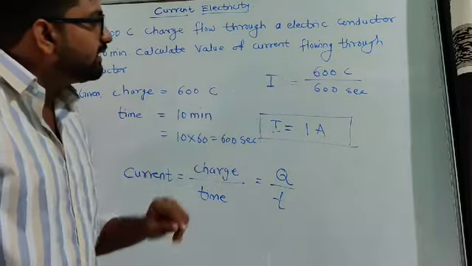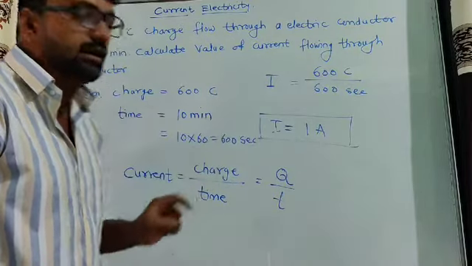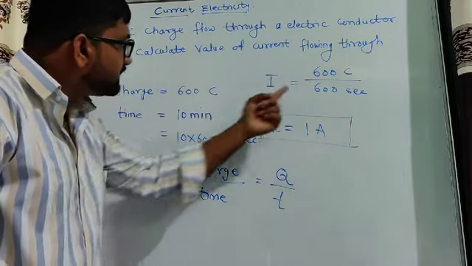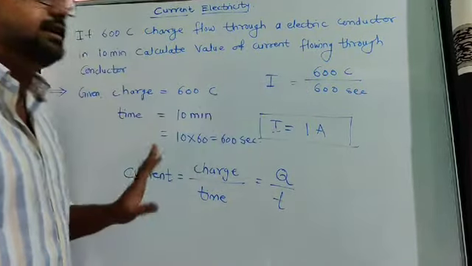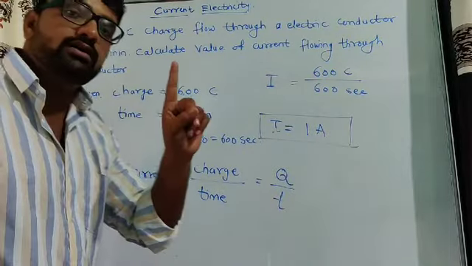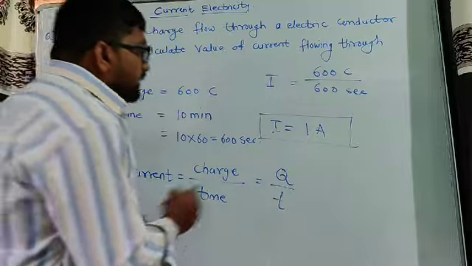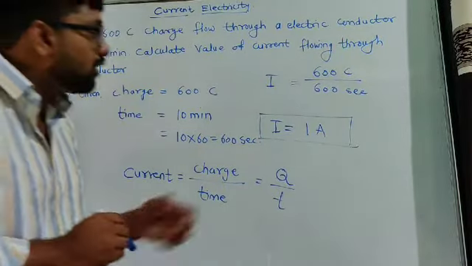So I, that is the current, is equal to charge. Charge is how much? 600 coulomb divided by time. Time is how much? 600 seconds. Okay, so 600 divided by 600 is how much? 1. And we know the unit of electric current is what?